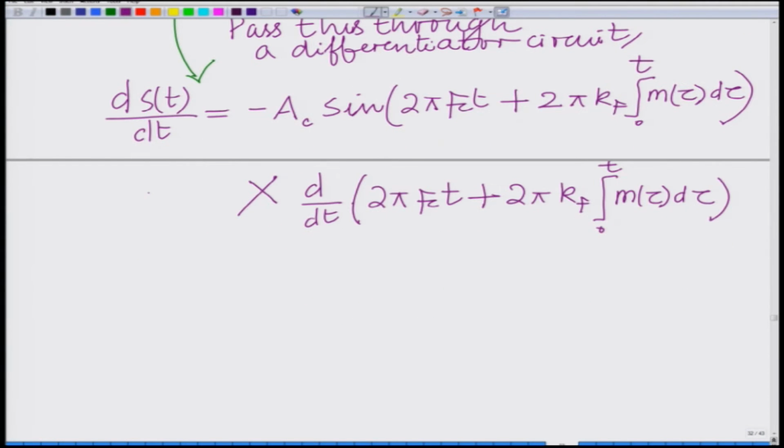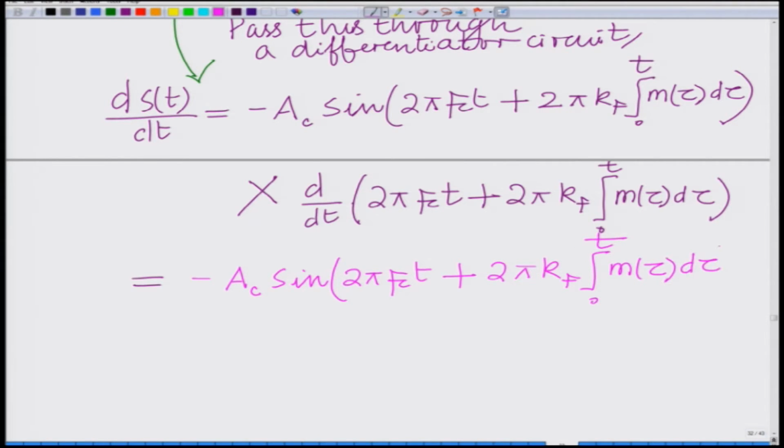So we are employing the chain rule for differentiation, which gives minus A_c sine of 2 pi f_c t plus 2 pi k_f integral 0 to t m(tau) d tau, times the derivative of the argument.